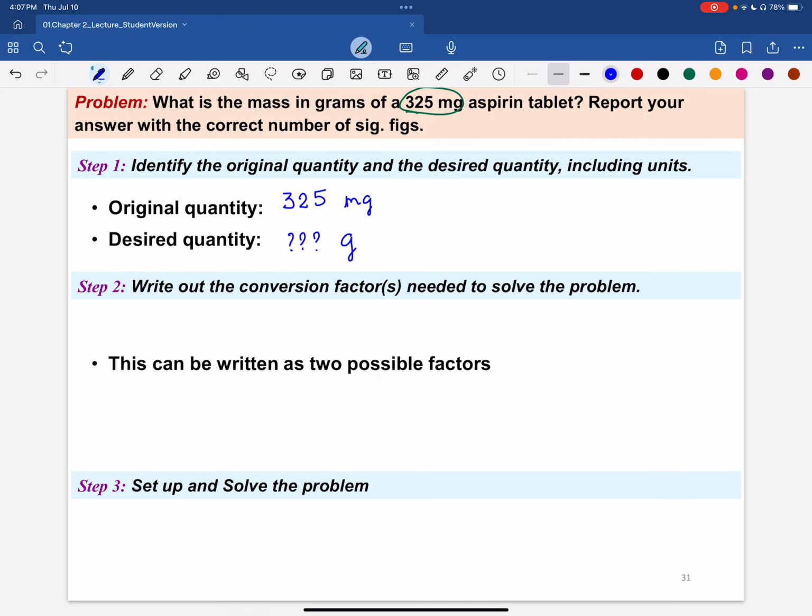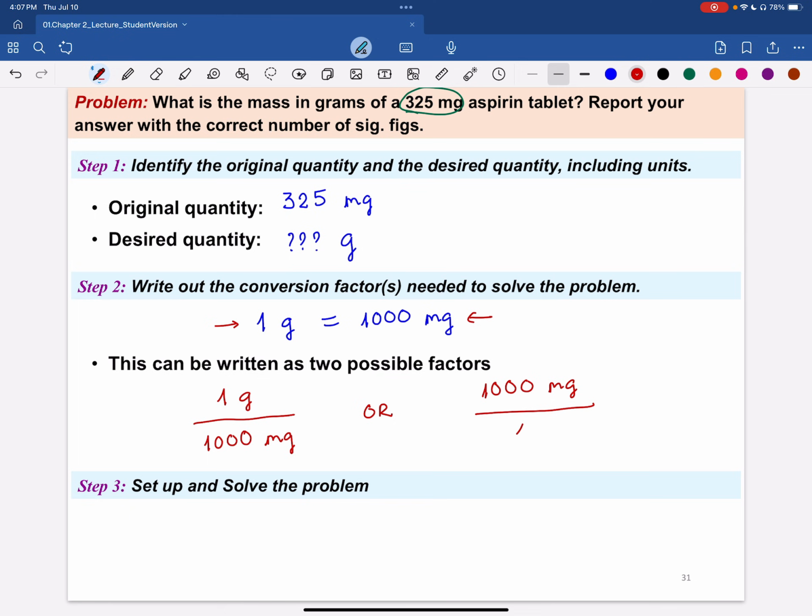Based on the first video lecture of this chapter, using the prefixes, I know 1 gram equals 1,000 milligrams. From this, I can write two conversion factors. It's either 1 gram over 1,000 milligrams or 1,000 milligrams over 1 gram. But which one to choose?